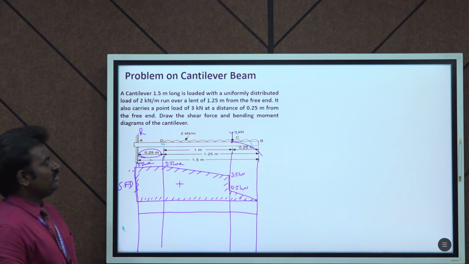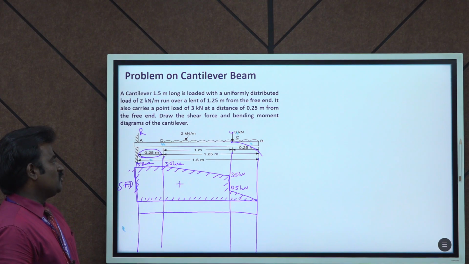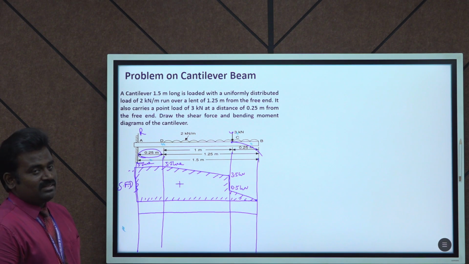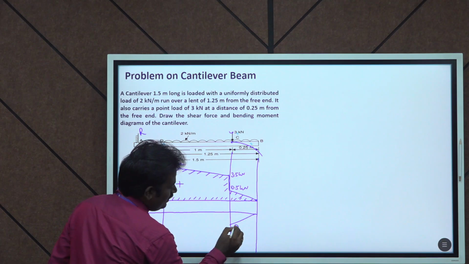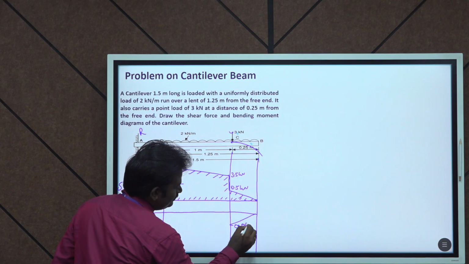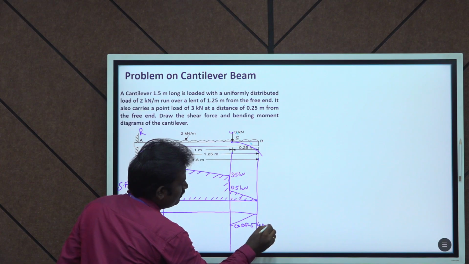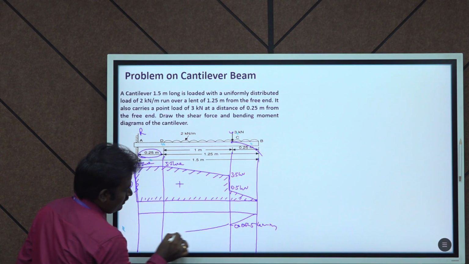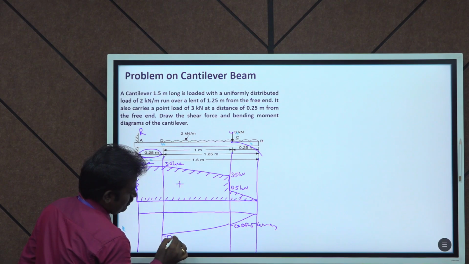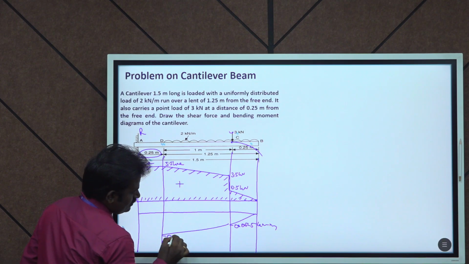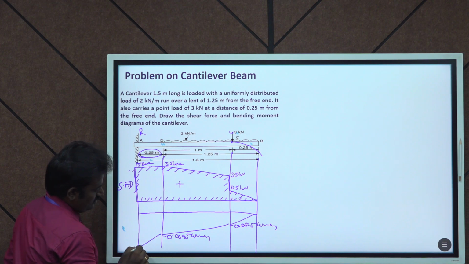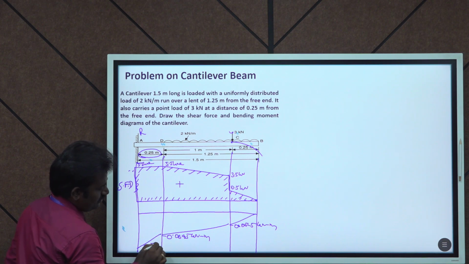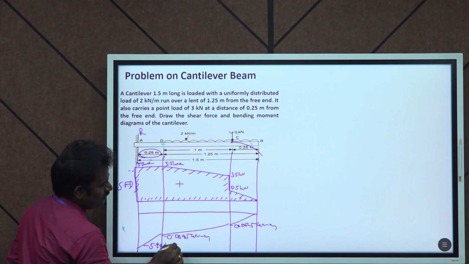SFD. Then we are going to draw the bending moment diagram. The bending moment for a cantilever beam is always negative. So here the value is minus 0.0625 kilonewton meter, then minus 0.0645 kilonewton meter, then minus 5.94 kilonewton meter.